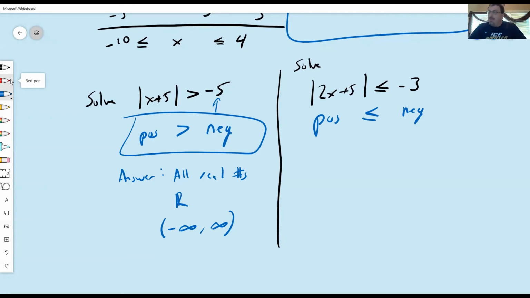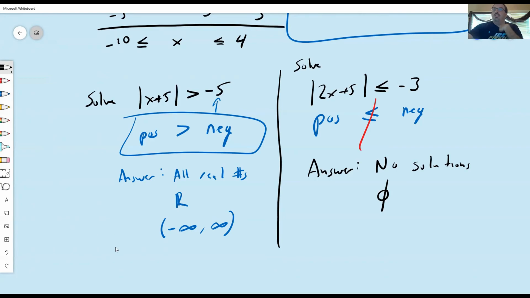So can a positive be less than a negative? No. So this is false. So your answer is no solutions. Or you can write the null set, or the empty set as it's called.